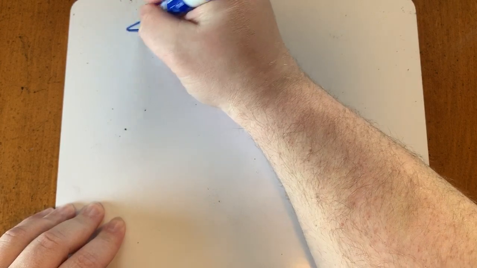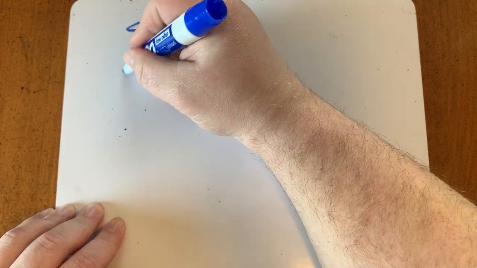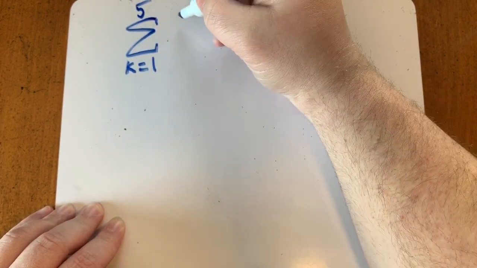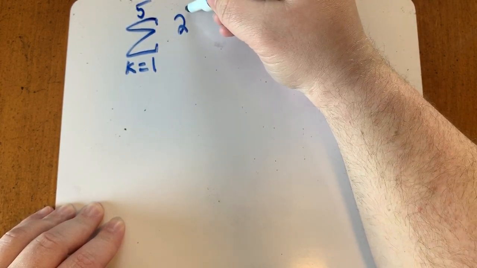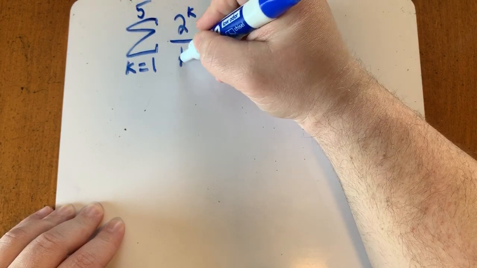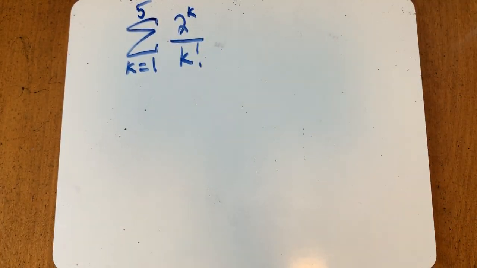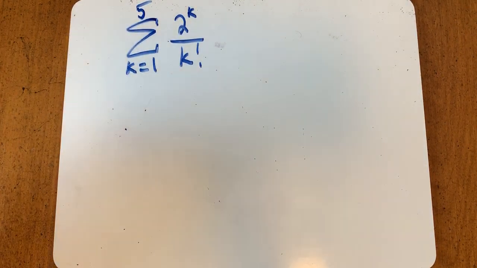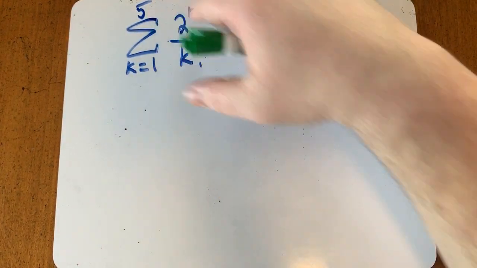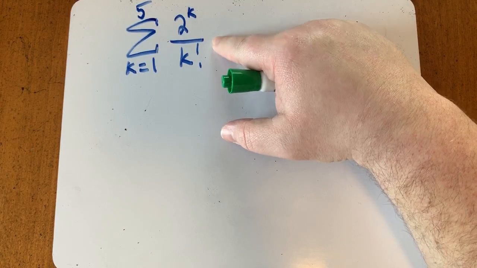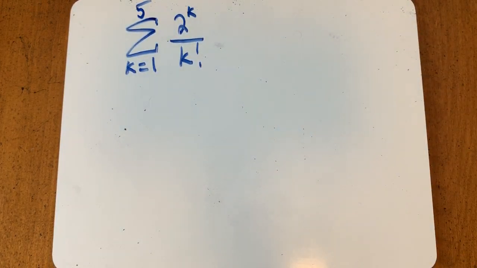So let's try to apply sigma notation, to evaluate a sigma notation. Let's say we had sigma from k equals 1 to 5 of 2 to the k over k factorial. So we are finding the sum of the first 5 terms of this sequence.